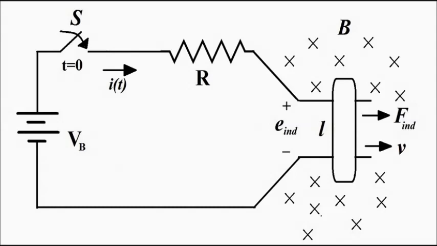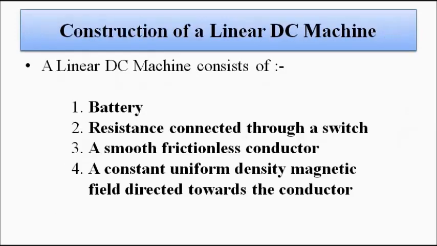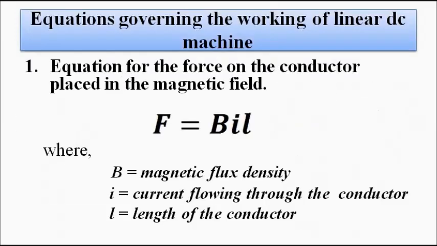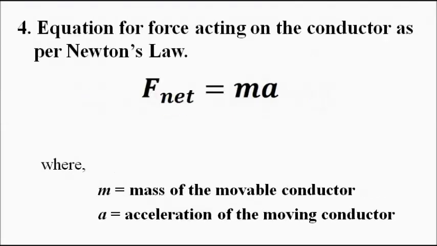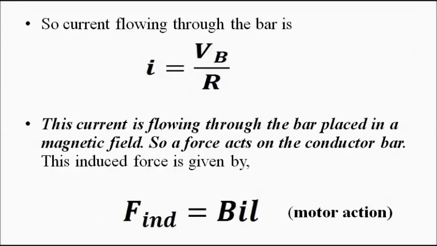If you have a good understanding of this concept, it will become very easy to grasp those advanced concepts related to generator and motor. Here we have discussed the linear DC machine, the constructional features, the various equations involved, and the working principle.